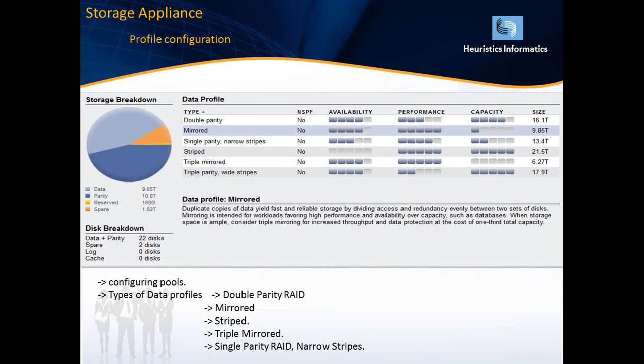We can select the right configuration: double parity, mirrored, stripe, triple mirror, triple parity, and wide stripe. Let me give the example of mirrored. If I select mirrored, all the disks are configured in a mirrored fashion. Even if one disk fails, the other will be available, and the availability of the disk will be higher, and the performance will be higher, but the capacity for storing data will decrease.